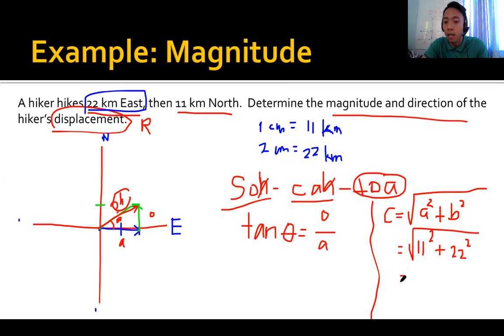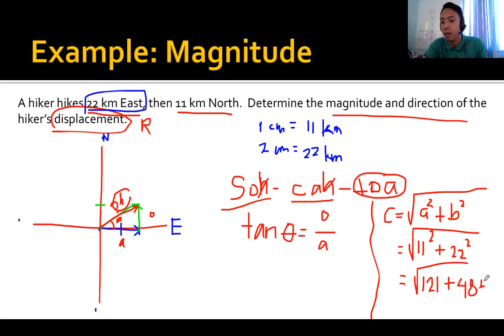Okay. What is 11 squared? This is 121 plus 22 squared. This is 484. Okay?